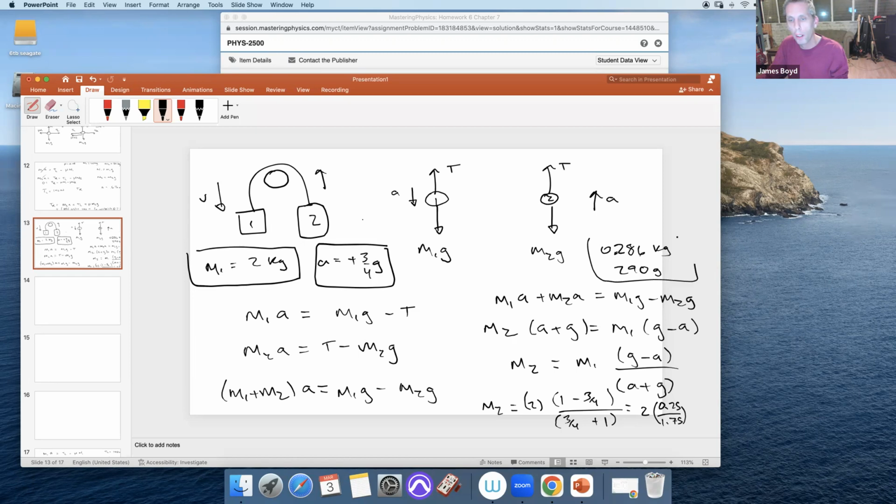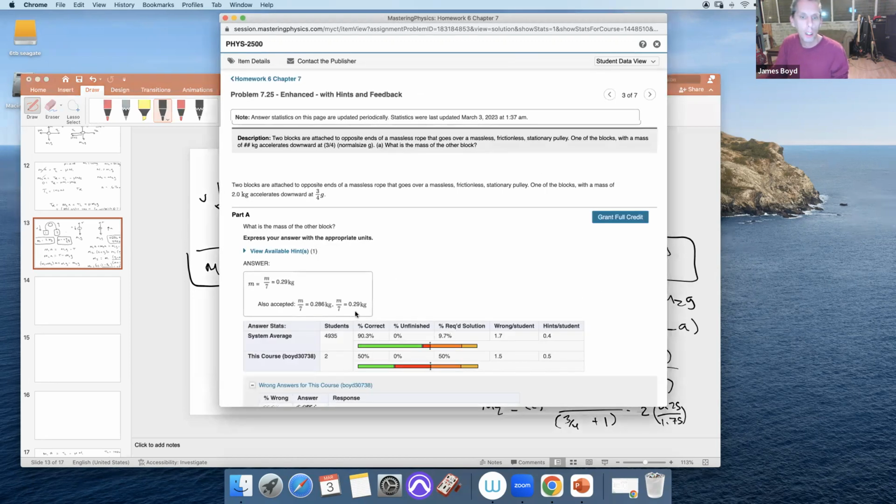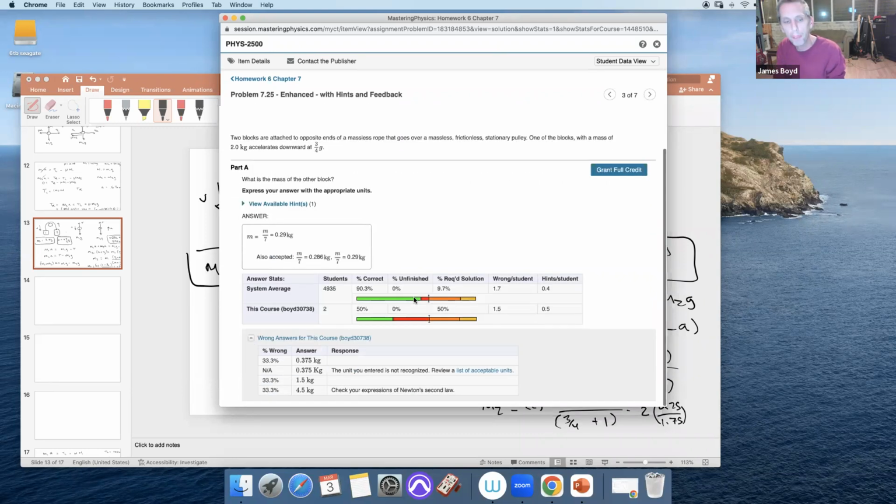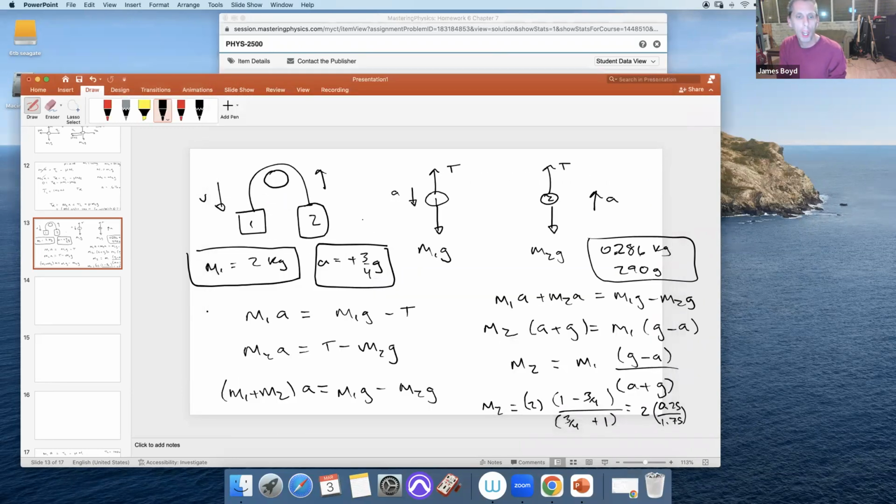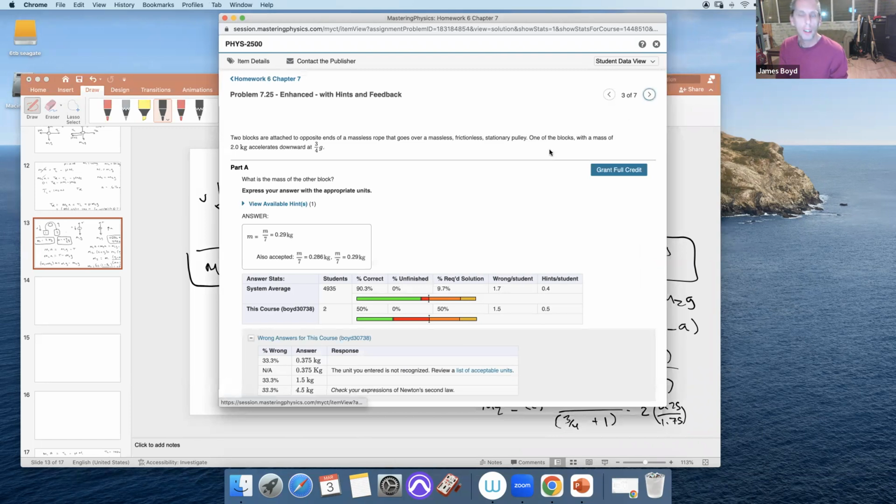I don't know which way they want it, so 0.29 kilograms, 290 grams. All right, so it's an Atwood machine, but you have to do a little bit more work than normal to solve for M2, given that M1 is 2 and a is 3/4 times 9.81. All righty.